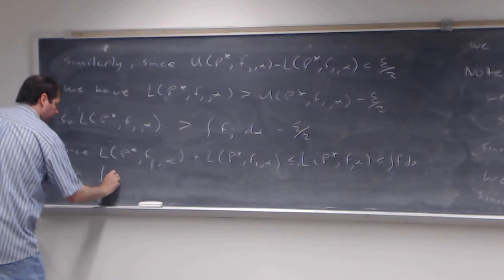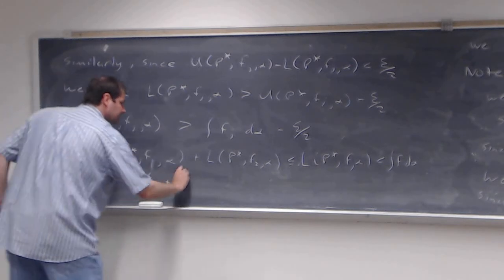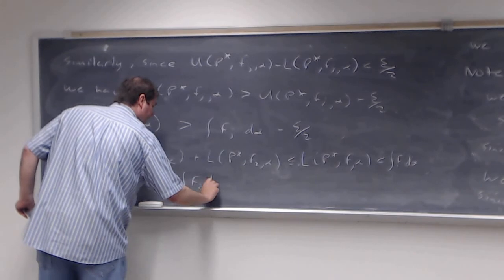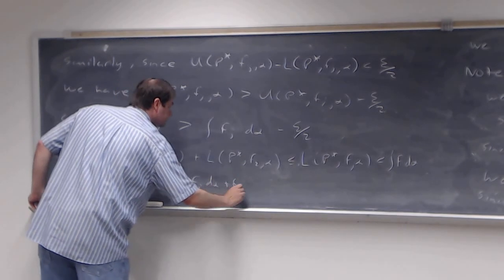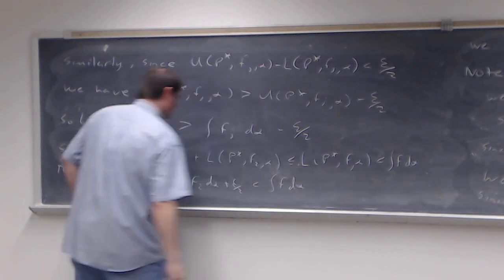So the integral of f sub 1 d alpha minus epsilon over 2 plus the integral of f sub 2 d alpha minus epsilon over 2 will be less than the integral of f d alpha.